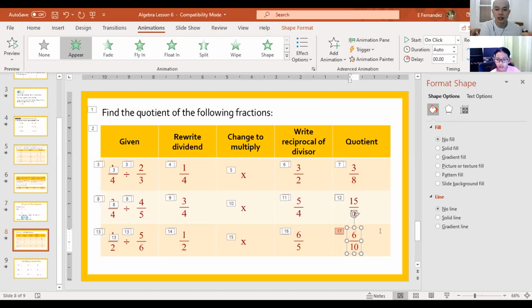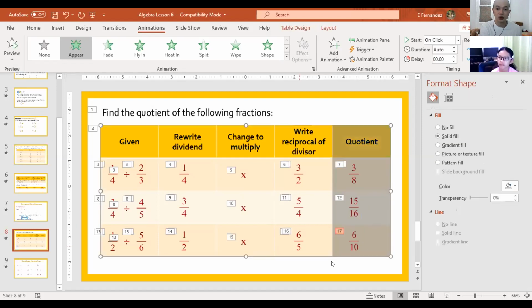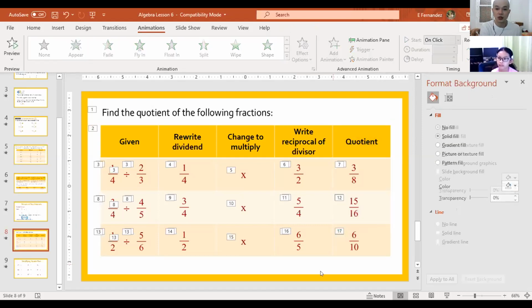Since both numbers 6 and 10 are divisible by 2, 6 divided by 2 is 3, and 10 divided by 2 is 5. So 6 over 10 is not the final answer here. You can still reduce this answer.